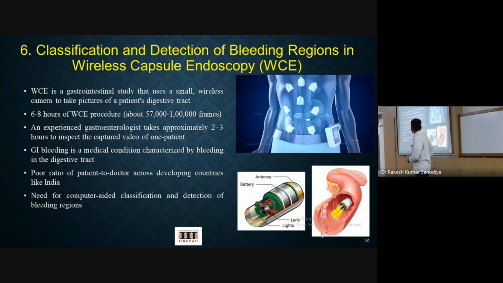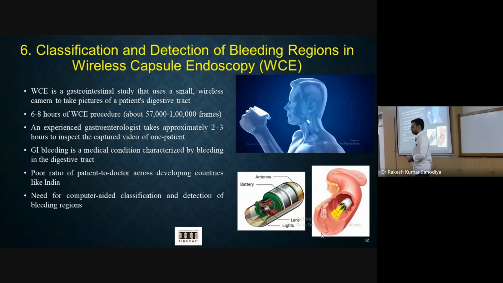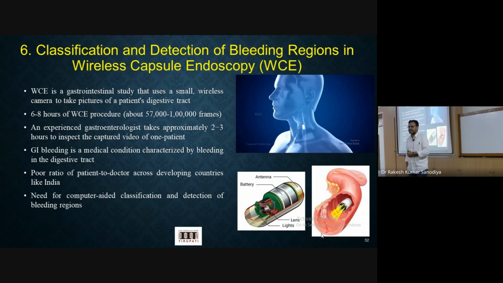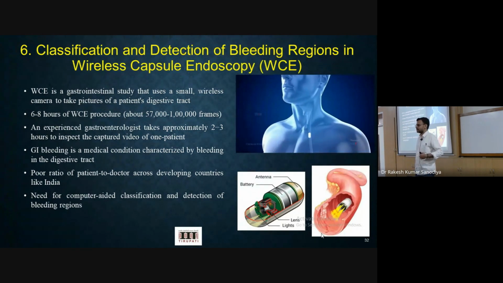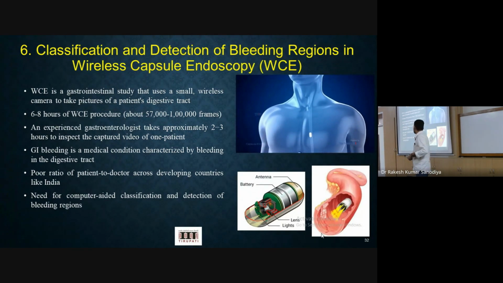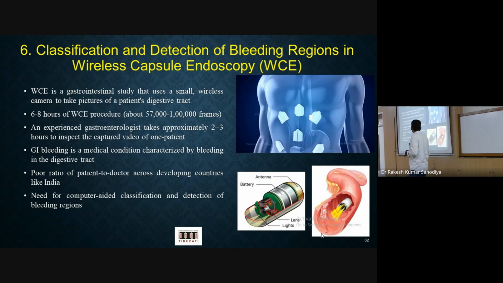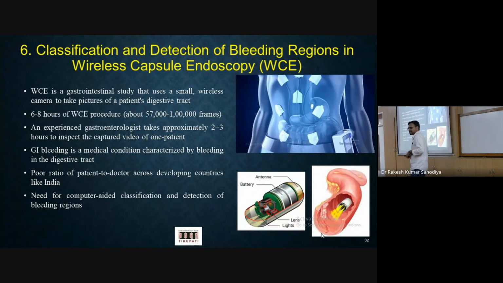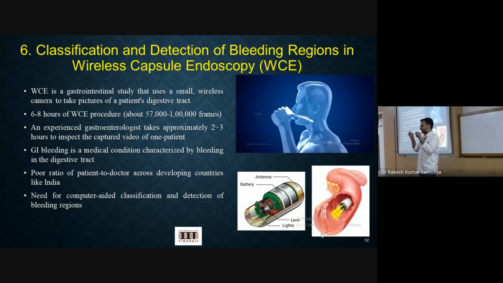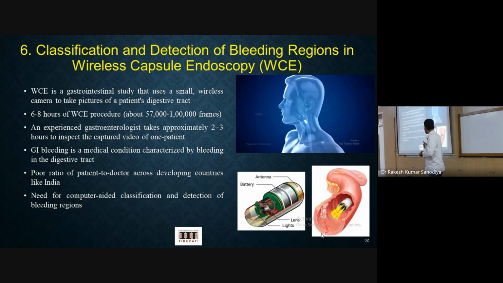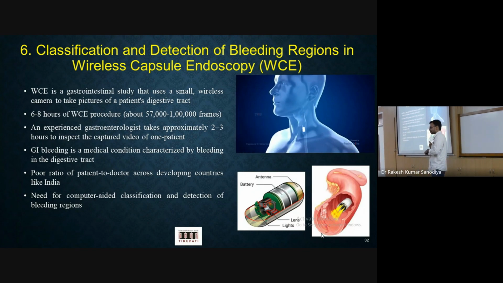There is something called wireless capsule endoscopy. What they do is check whether there is any bleeding happening in the intestines. There will be a capsule like this, which has a camera properly encased, along with transmitters, battery and everything.